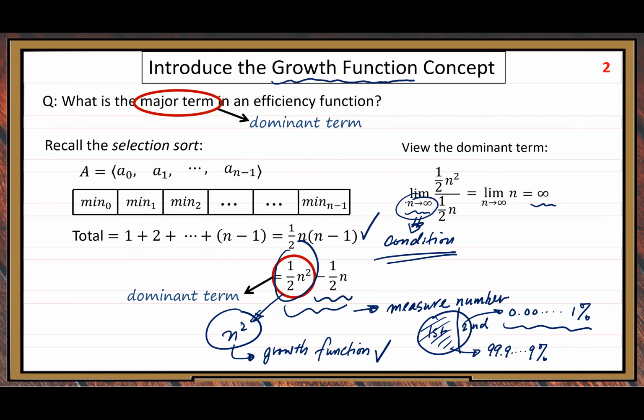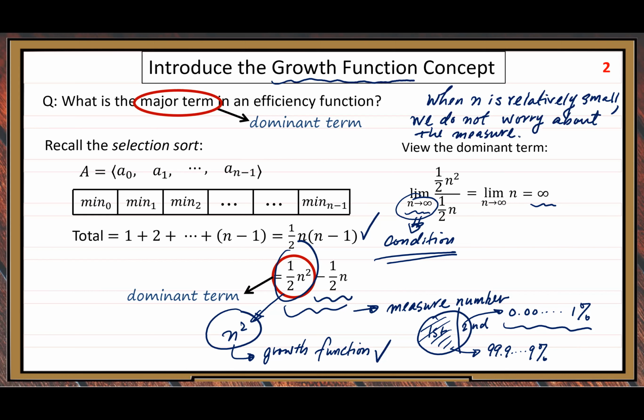When n is relatively small, we do not worry about the measure.